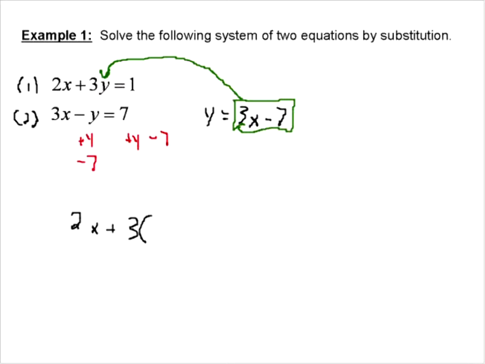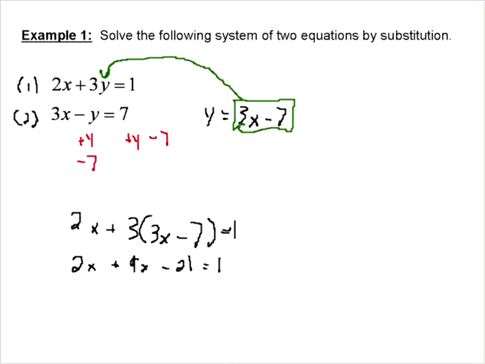Now remember that y is going to be replaced with 3x minus 7, and that's going to equal 1. But 2x plus, and we're just going to distribute this in, 9x minus 21 is going to equal 1.